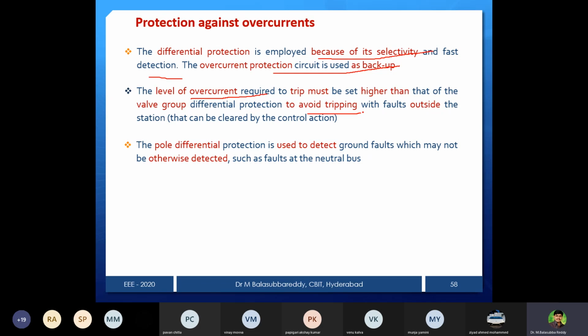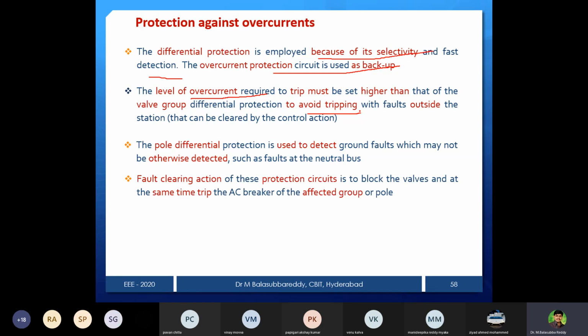The pole differential protection is used to detect the ground fault which may not be otherwise detected, such as faults at the neutral bus, and the fault clearing action of the protection circuit is to block the valves and at the same time trip the AC breakers of the affected group of the valve.